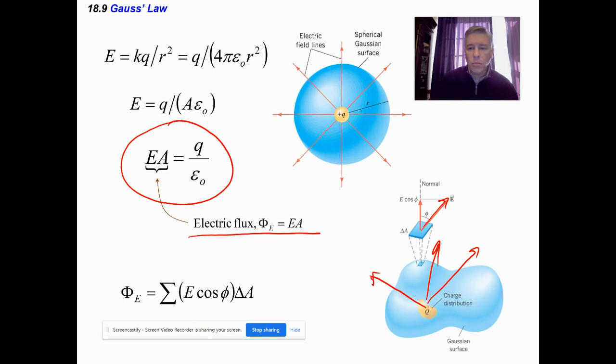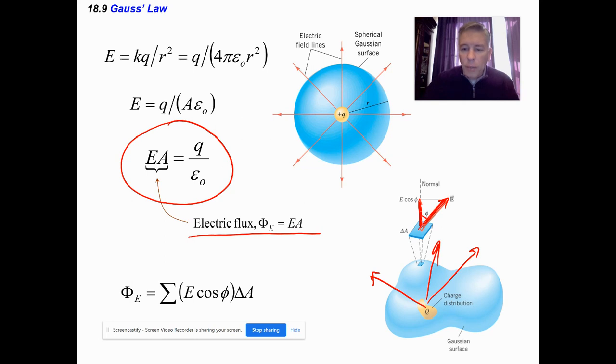So that's one of the ideas. Well, it wouldn't actually be 90 degrees, it would be the cosine of 0 degrees, which is 1. Sorry, the angle here is the angle between the normal and the actual electric field.